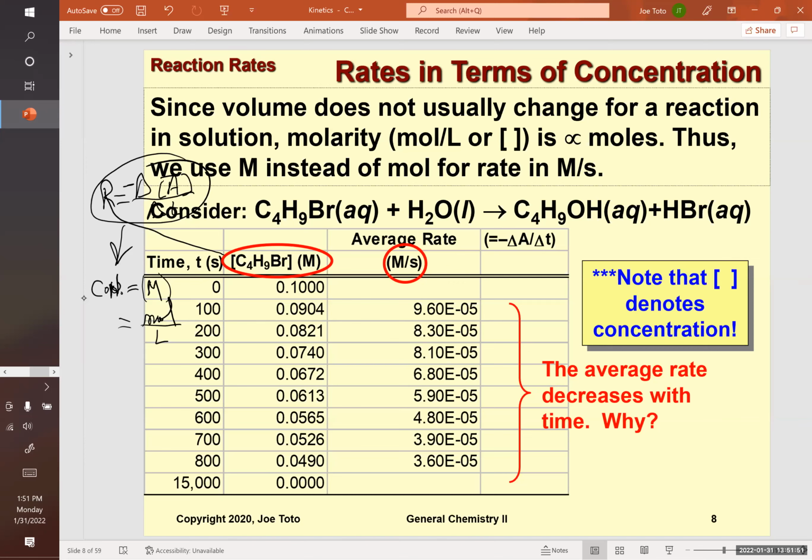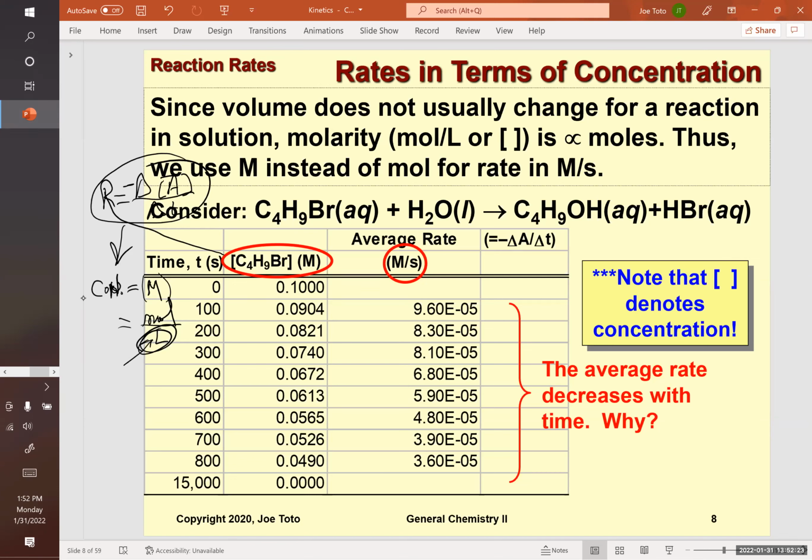So we just added in this volume, which for any experiment that we do in Chem 201, that volume's not going to change. Whatever we have mixed in that beaker, the volume is what it is. The volume stays the same. So we just introduced a constant volume. So that doesn't change any of the mathematical functions that we're going to look at. It just adds in a constant for volume.